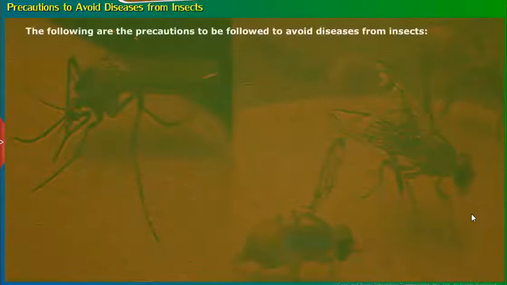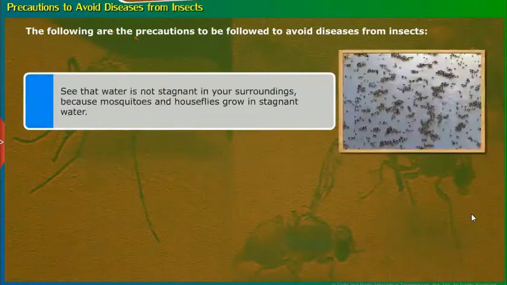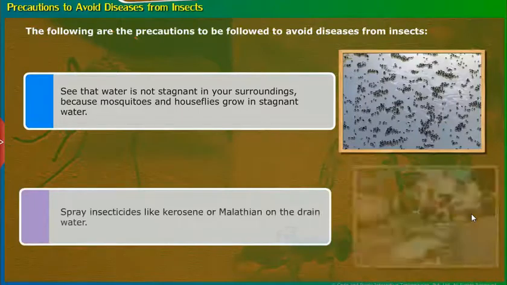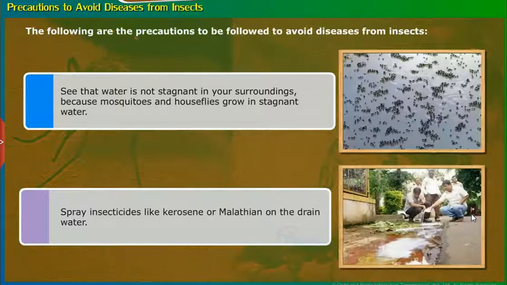The following are the precautions to be followed to avoid diseases from insects. See that water is not stagnant in your surroundings because mosquitoes and houseflies grow in stagnant water. Spray insecticides like kerosene or malathion on the drain water.